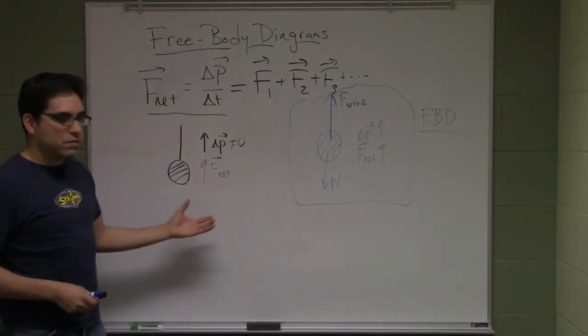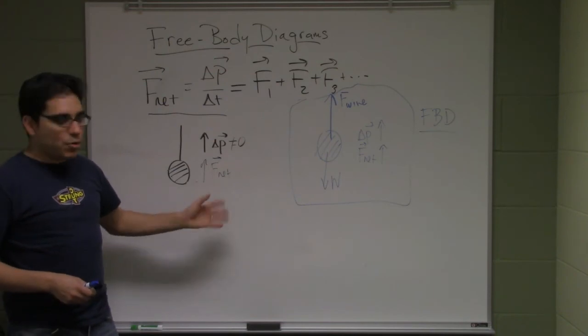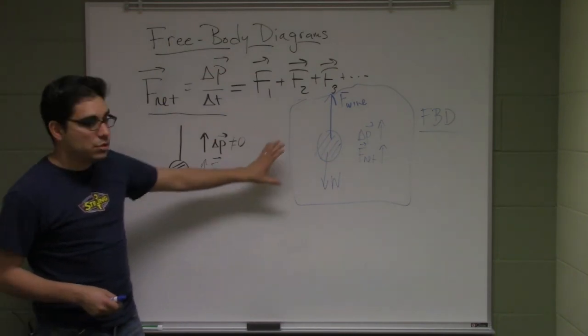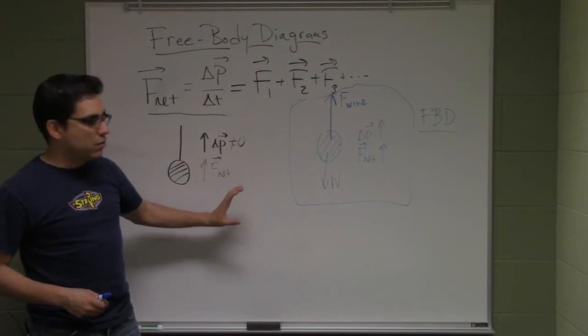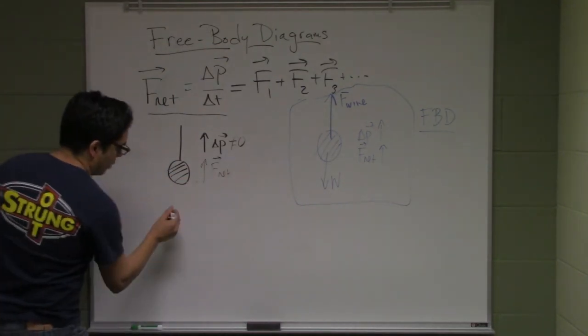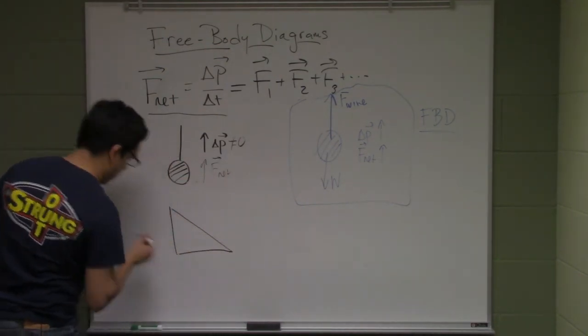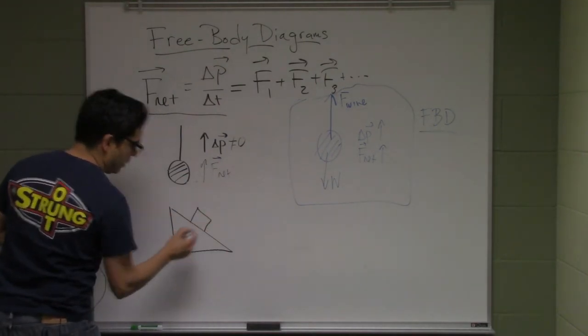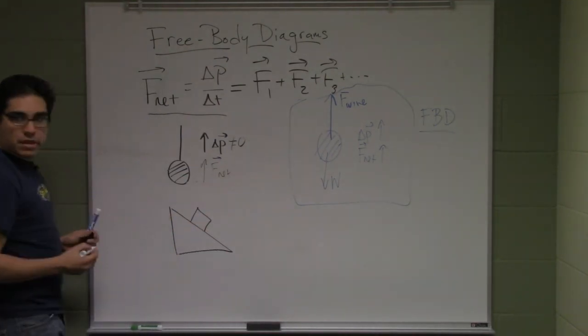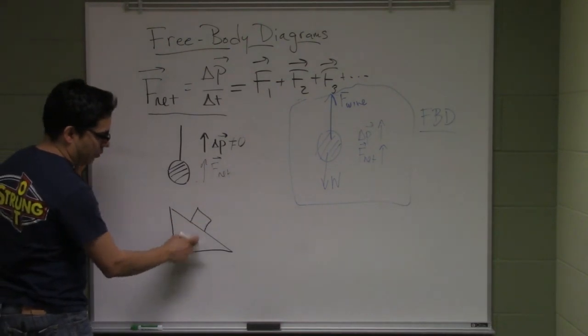Now, on the homework and so forth, you're going to deal with slightly more complicated situations where you'll have two-dimensional interactions and so forth. So, for example, you might have a situation where you have a block that is on a plane, and you'll have to deal with those interactions that are associated with the block on the plane.